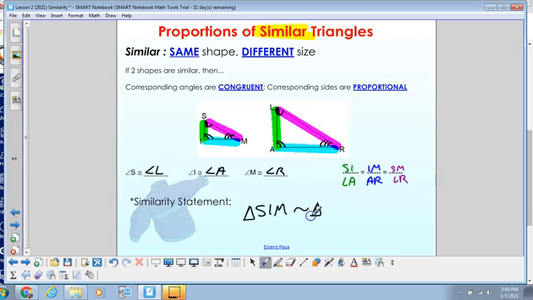And it is similar to, we have to put these in the corresponding order. So if we started off with angle S here, then we have to list the corresponding angle first, which is L. Then we wrote I, so next we have to list A, and last we list M, so last we list the corresponding angle R. So our similarity statement: triangle SIM is similar to triangle LAR. This tells us which angles match up and also which sides match up. And this is going to be very important for us later when we try to find missing values.